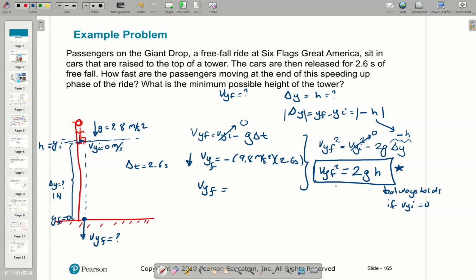Oh, let me not tell you that. Okay, sorry, I'm confusing you here. Let's stop here. This holds if Vy initial is 0 and the object is going down, the others are slightly different, very similar, so let me not confuse you here. I'm going to solve for h here, the height, and it's equal to Vy final squared over 2 times g. So get this guy, put it here, find the result.